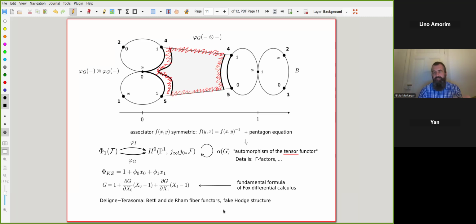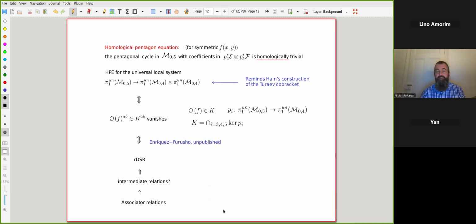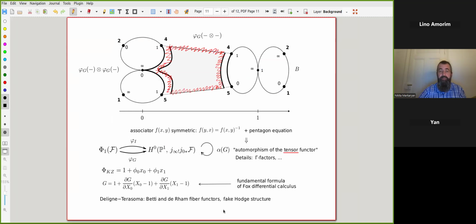I don't understand it, but it would be very interesting to understand what it means, because I found some correspondence with my approach. And the very last thing I want to say is that, in fact, we prove that the associator relation implies double shuffle relations, but in fact we used a weaker thing.